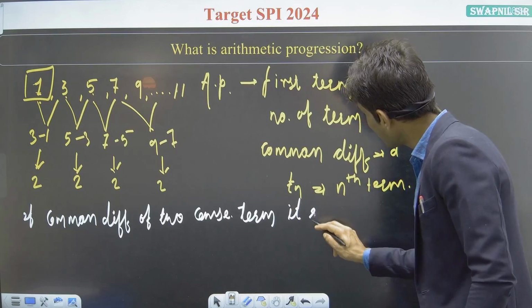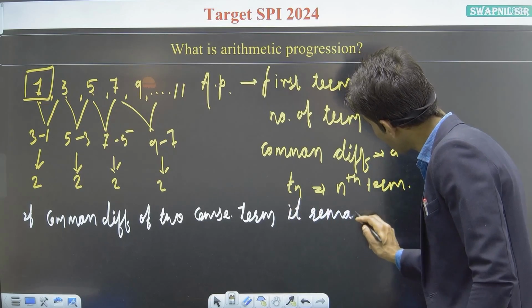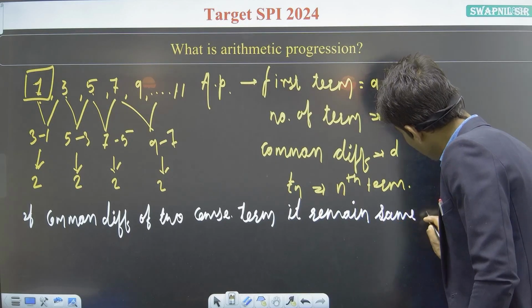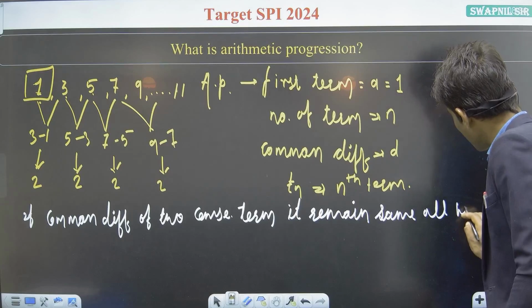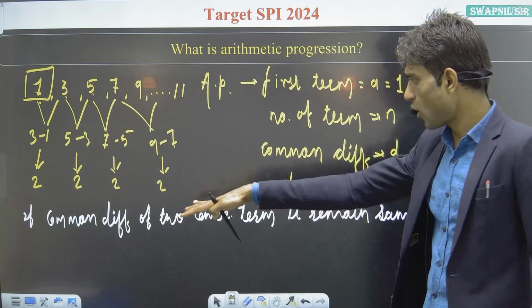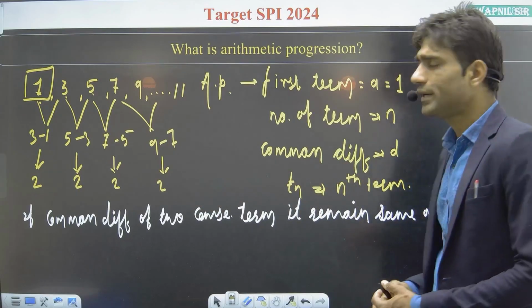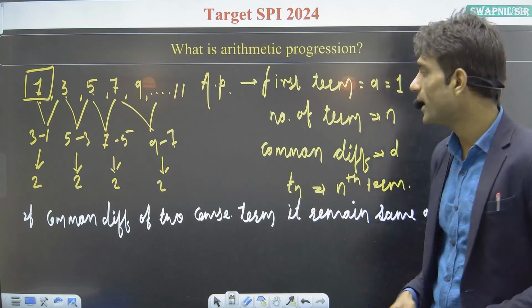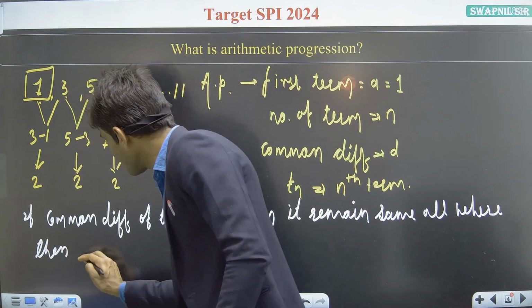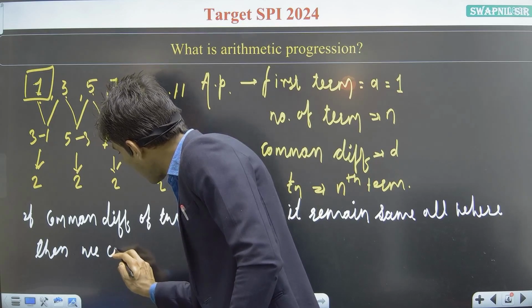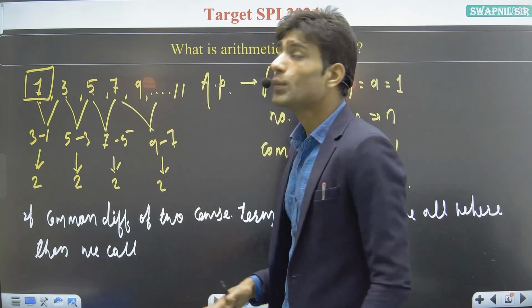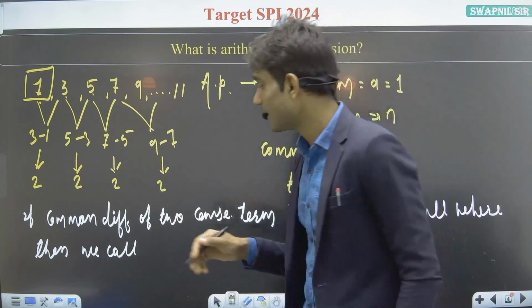if the common difference of two consecutive terms remains the same everywhere, then we call our given sequence an arithmetic progression.